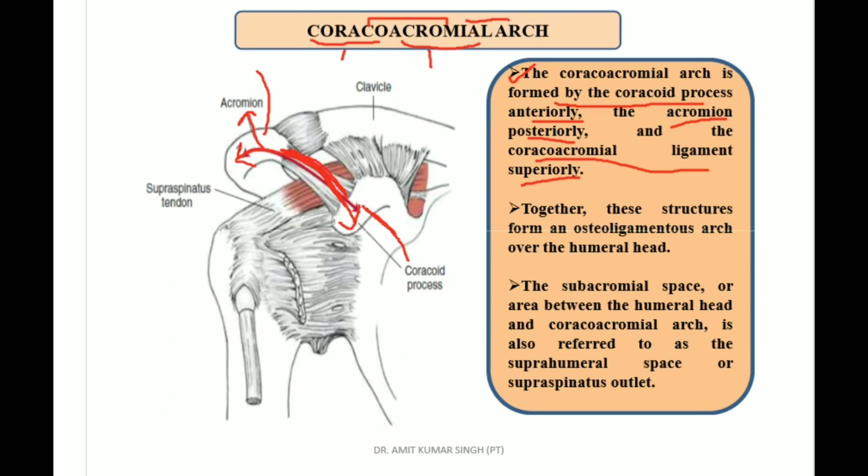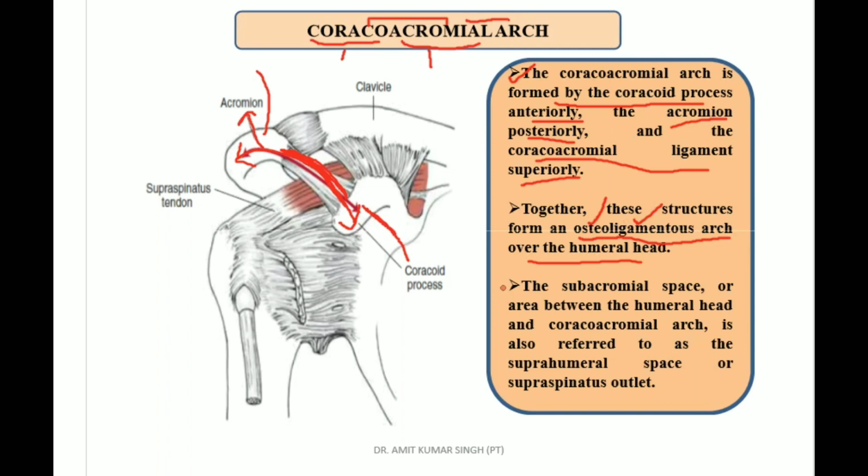These three structures form an arch termed the coracoacromial arch. It can even be termed an osteoligamentous arch over the humeral head, because osteo means bone; in these three structures there are bones, and also ligaments.